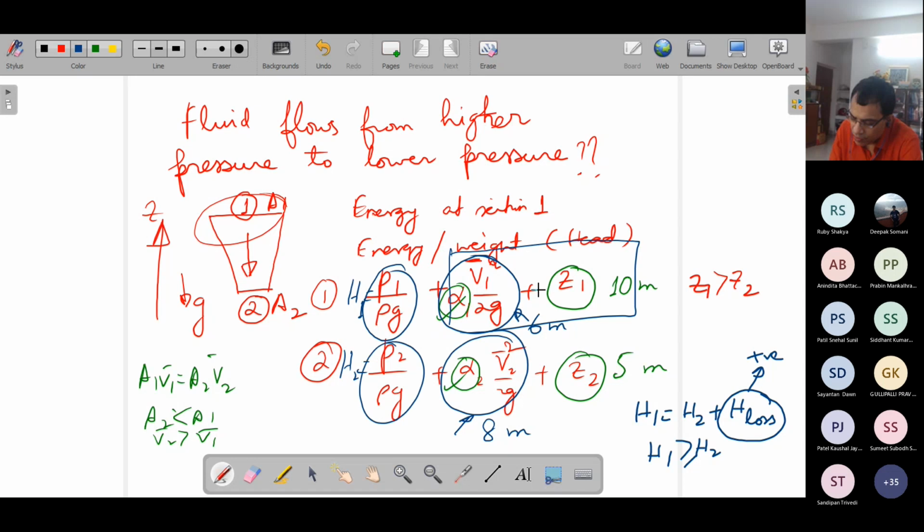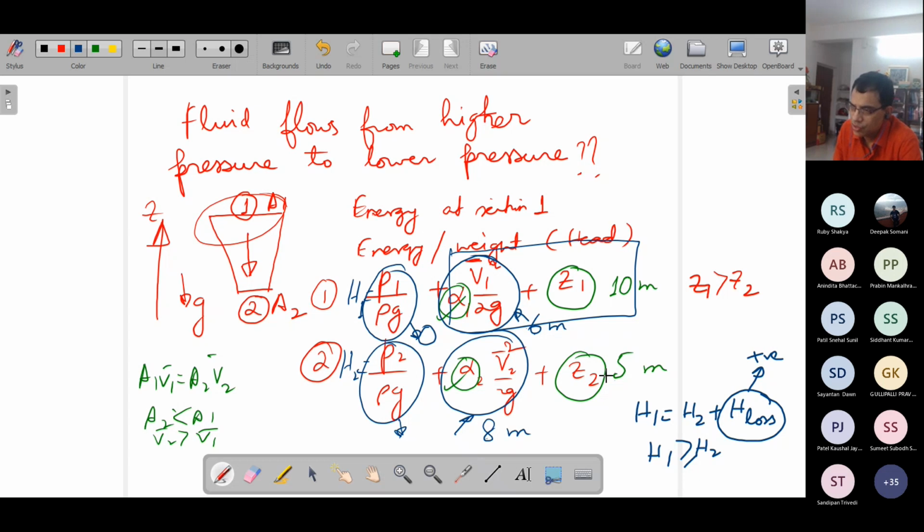For example, this is already 60, so this could be 0. I'm saying 0 means atmospheric, and this is what should be the minimum of this. So this is 8 plus 5, 30. This is 10 plus 6, 60. So even if loss is 0, this should be in totality minimum of 60.